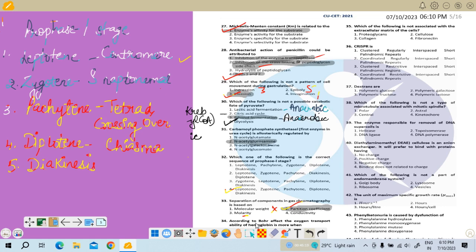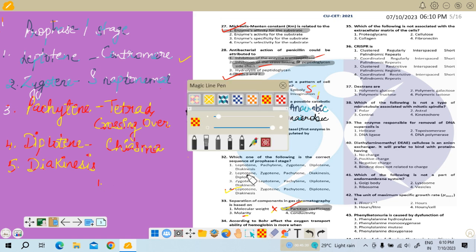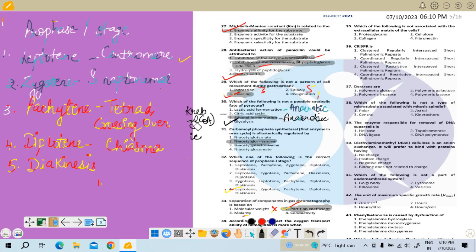Then 34th, according to Bohr effect, the oxygen transportability of hemoglobin is more when pH decreases, pH increases, pH remains stable, it is not affected by pH.